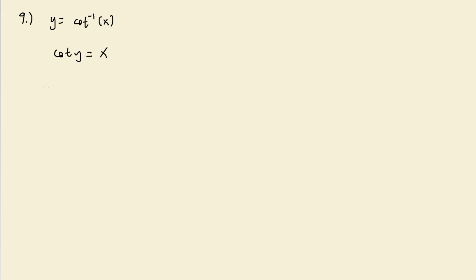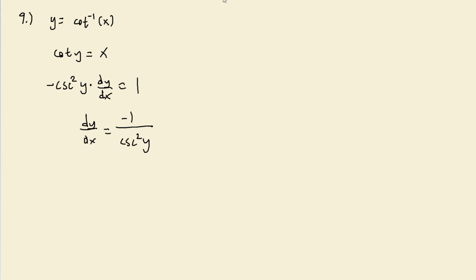Derivative of cotangent of y is going to be negative cosecant squared of y multiplied by the derivative of that inside function, dy dx. And the derivative of this right side here with respect to x, once again, is just equal to 1. And so we have dy dx is equal to negative 1 over cosecant squared of y.